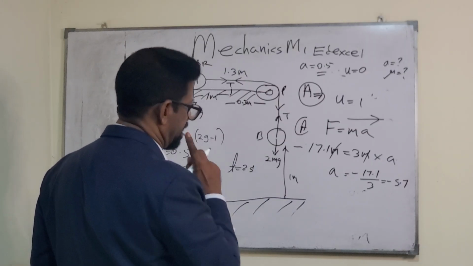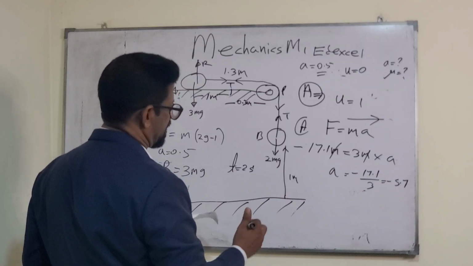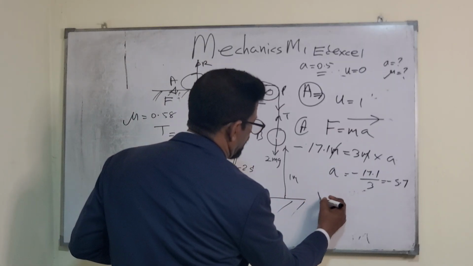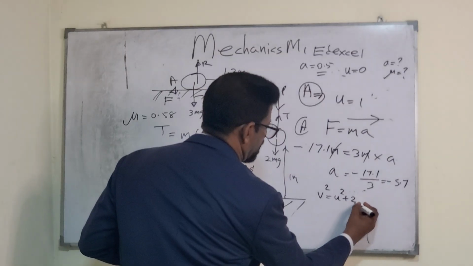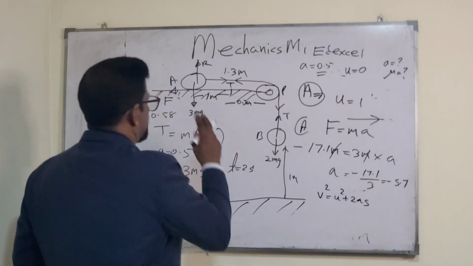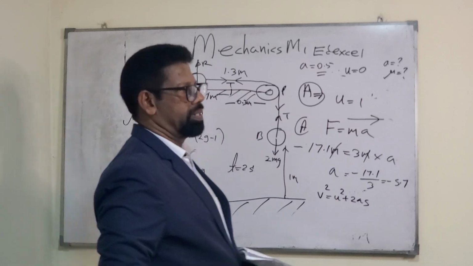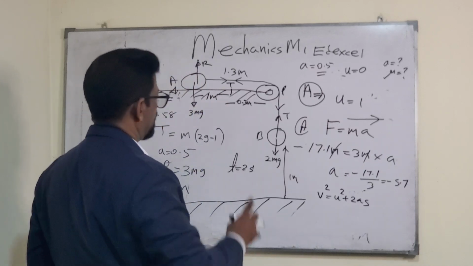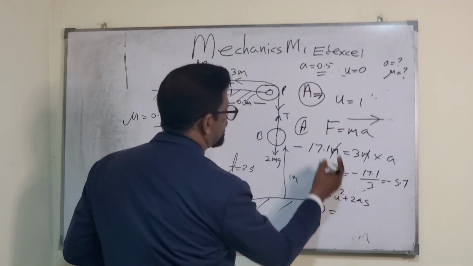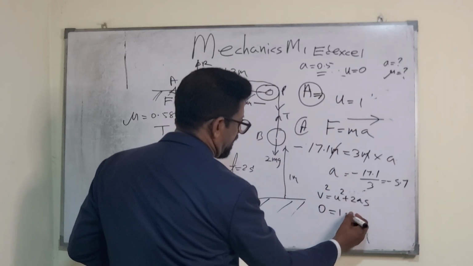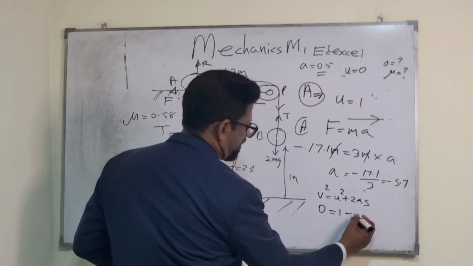That's the way. So using the motion rule V squared equals U squared plus 2as with deceleration, when it stops the final velocity is 0, initial velocity 1, deceleration minus 5.7.